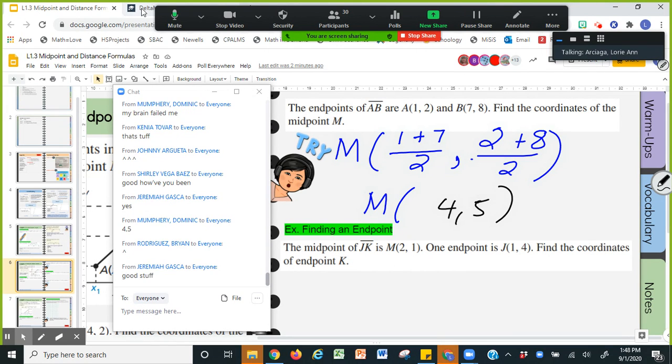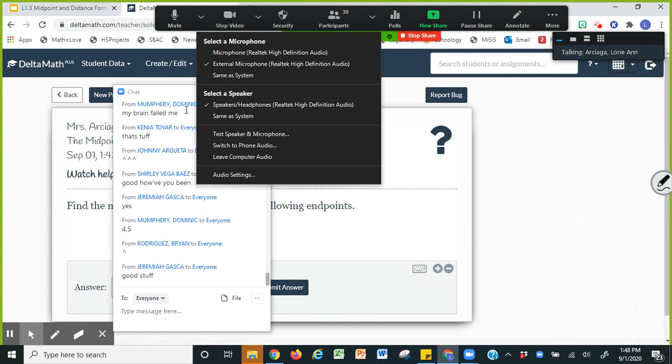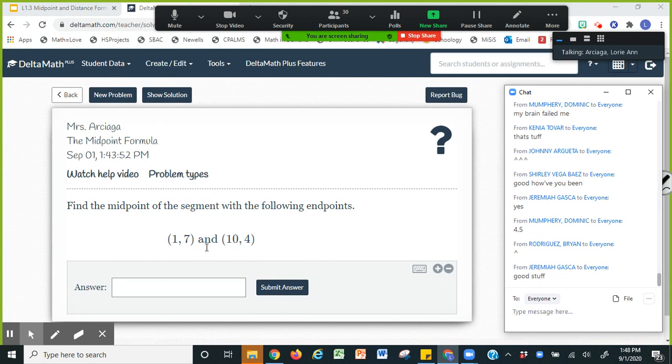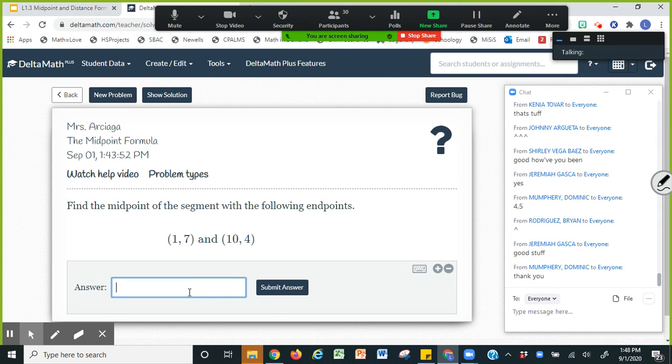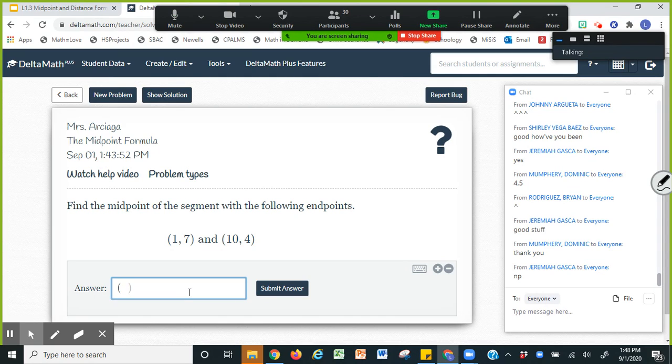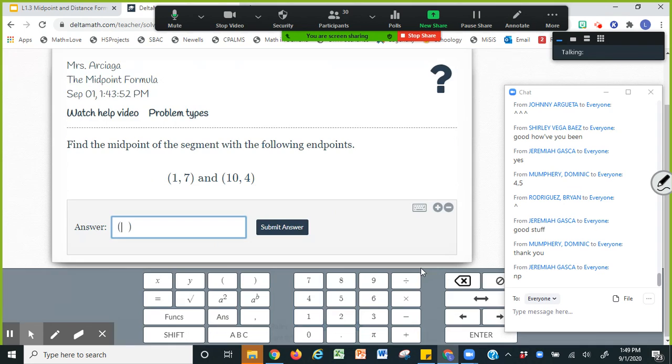So in Delta Math, you're going to do the same thing. Here we go. Find the midpoint. So what do you think I should put?